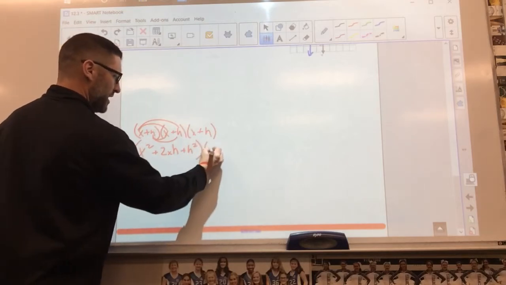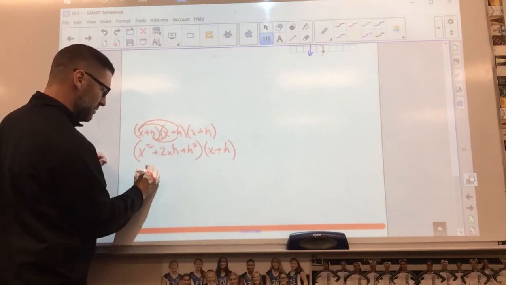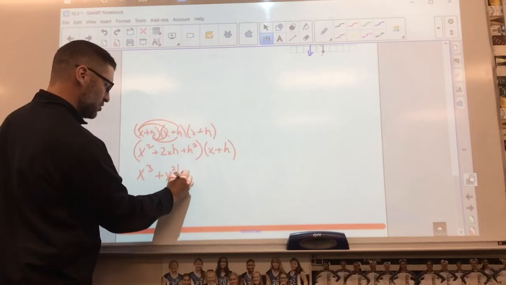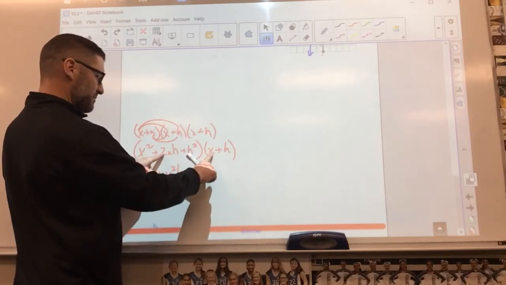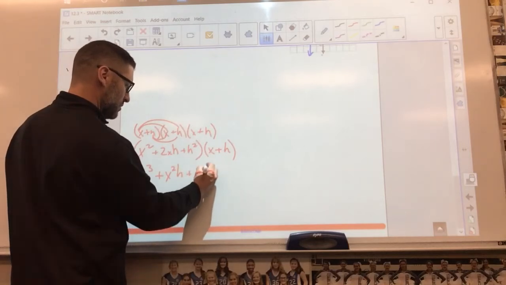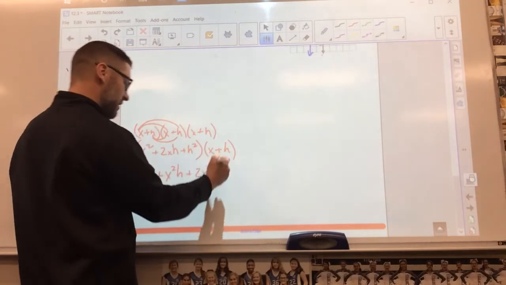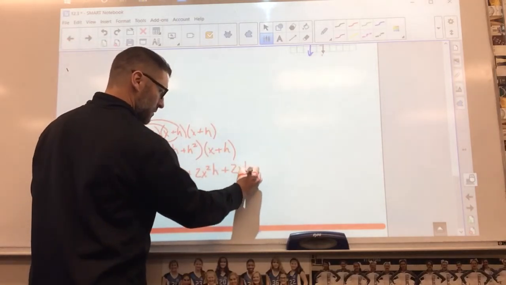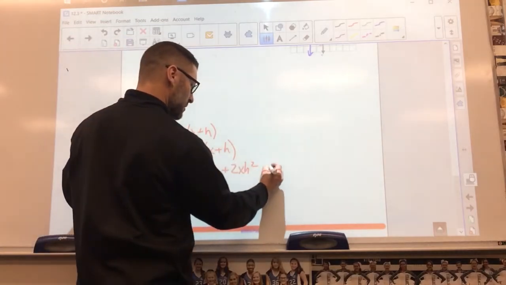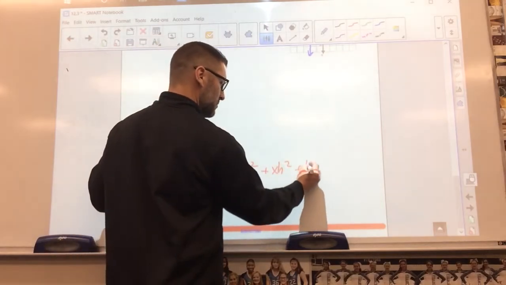And then I have to multiply that by x plus h again. So I multiply those two, which gets me x cubed, those two, which gets me x squared h, those two, which gets me 2x squared h, those two, which gives me 2xh squared, those two, which gives me xh squared, and those two, which gives me h cubed.